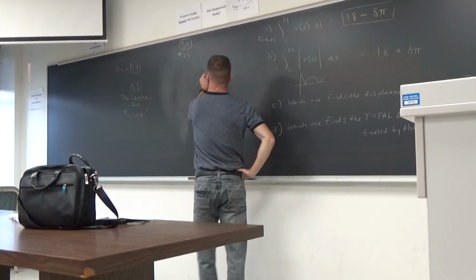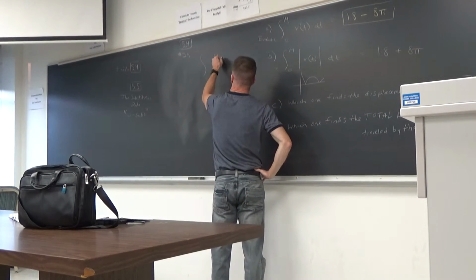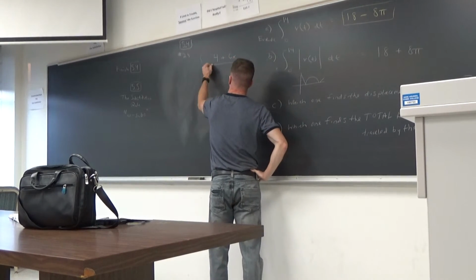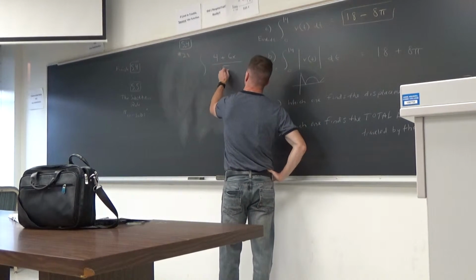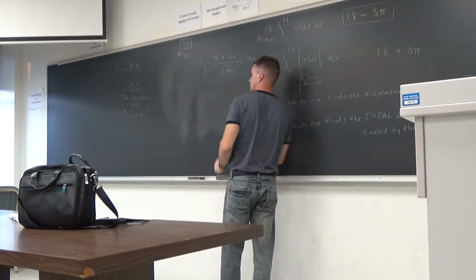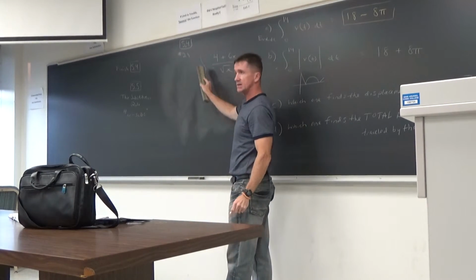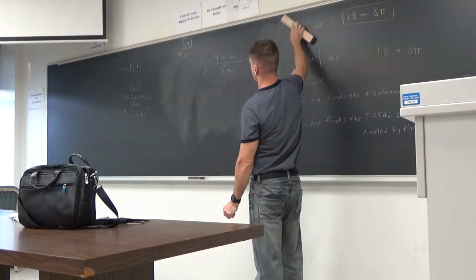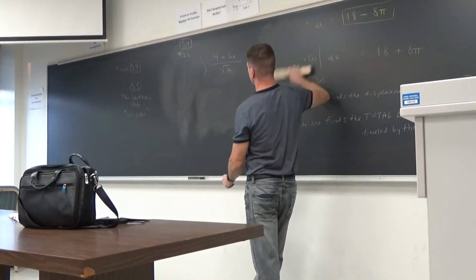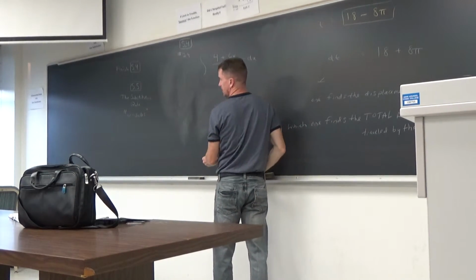It's the integral of 4 plus 6x. They used u, I'll use x, dx. Actually, it was a definite integral, but I'm going to make this an indefinite integral. So I changed it a little bit. Maybe when we're done, we'll go back and make it a definite integral.